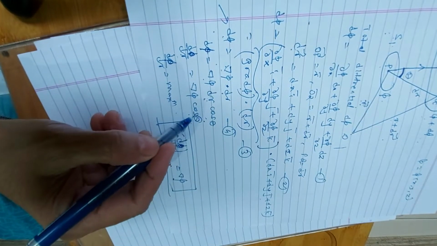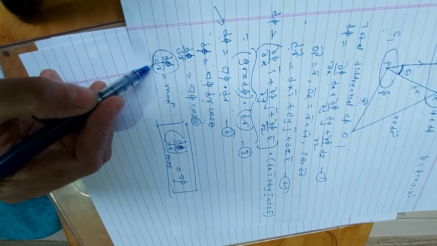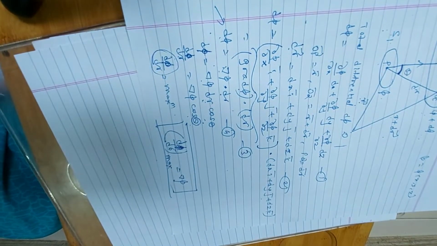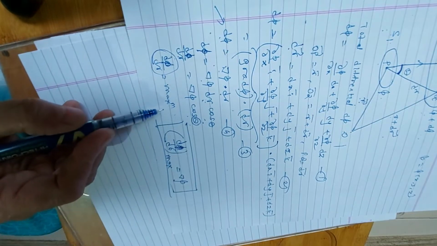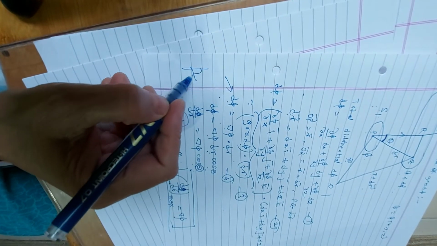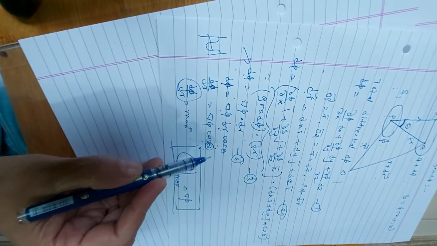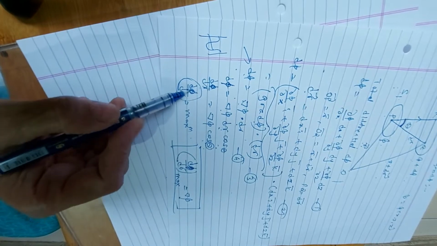Depending on this theta, I am going to get my value of d phi by dr. So now you know the limitation for cos theta. Cos 0 is obviously 1.